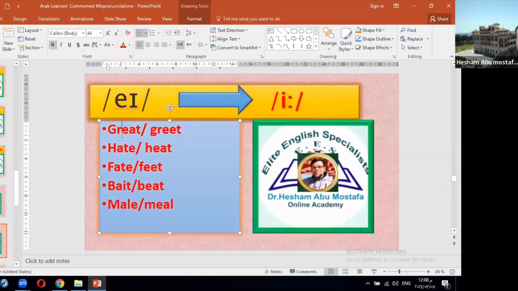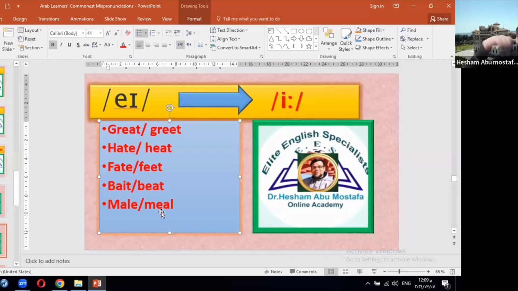But actually, they should distinguish between gray, great, greet, hate, hey, he, heat, pay, fate, feet, bay, bait, beat, mail, meal, may, meal.